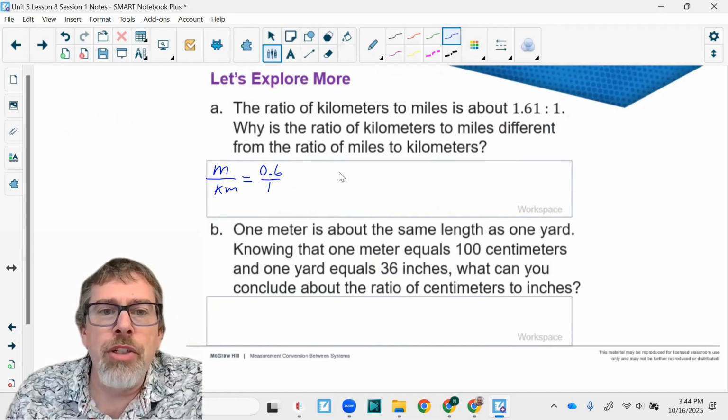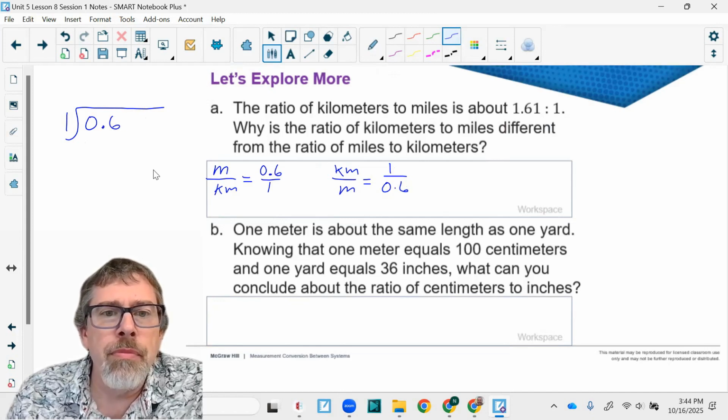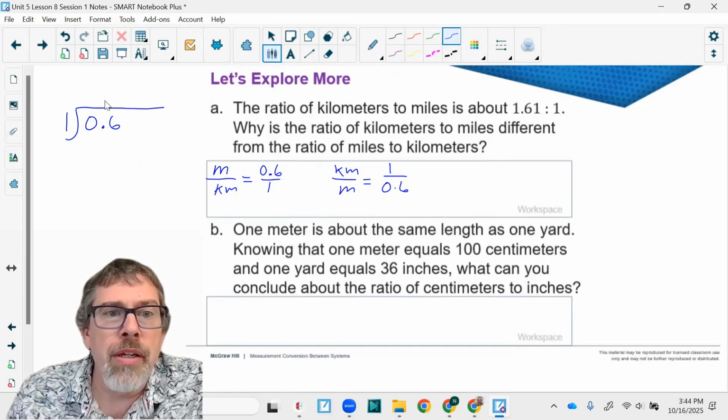However, if I switch it and I do kilometers per mile, then that's going to become 1 over 0.6. So if I divide that, that means division. I would ask myself, what is 0.6 divided by 1? Okay. And well, it's obviously 0.6, right?